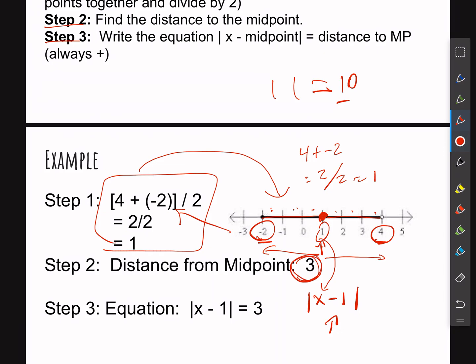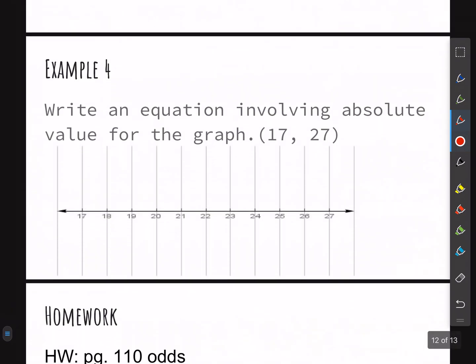So if I had a negative 1 as my middle number, then it would be x plus 1. All right, so it's whatever makes it go to 0. Okay, and this is equal to the distance, which is 3 in this case. And the solutions are given, right? They give us the solutions. The solutions are negative 2 and 4. Those are both a distance of 3 away from 1. Right, so they're going to have you go backwards.